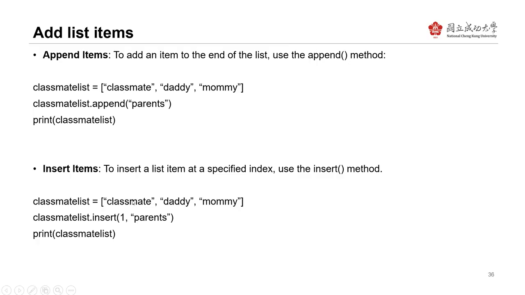So the classmate index is 0, daddy is index 1, mommy is index 2, right? So if I want to make sure the parent becomes index 1, what is our result? What's our sequence?